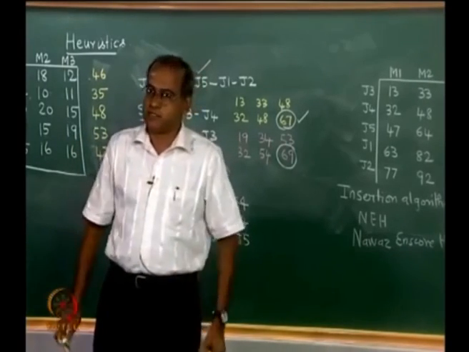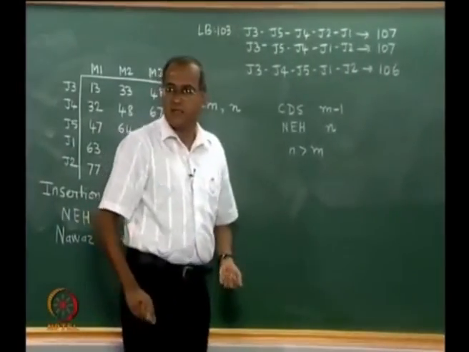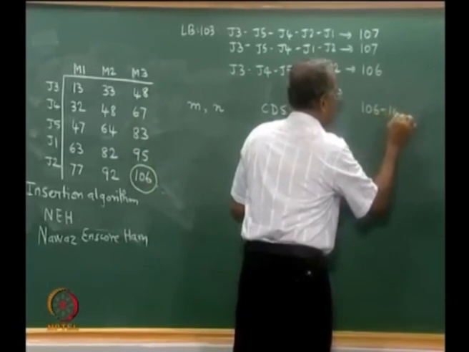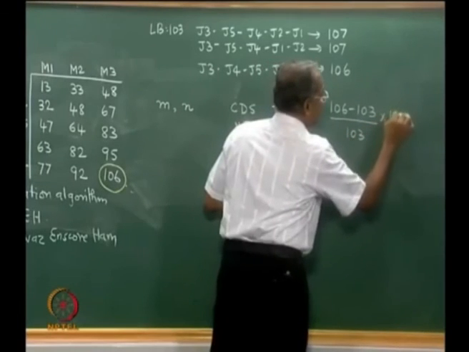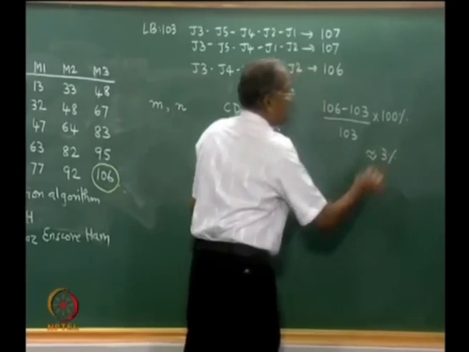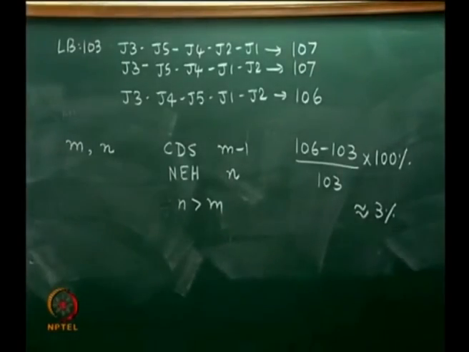the make span minimization. Now that we have a solution with 106, then the goodness will become 106 minus 103 by 103 into 100%. Now this is of the order of 3%, whereas with 107 it was of the order of 4.